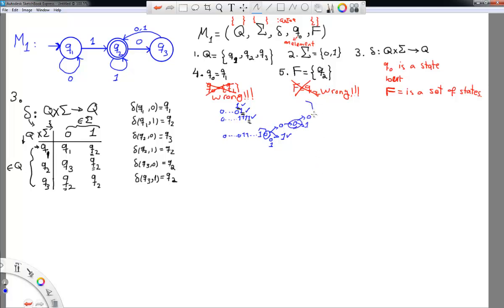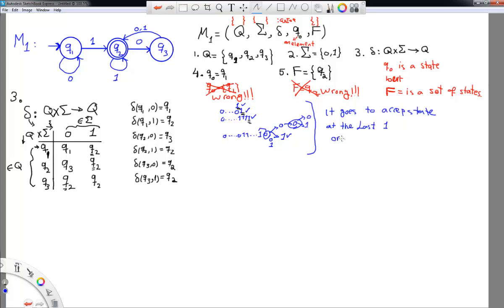So basically, if you want to think about this machine, it goes to the accept state at the last 1. So if your string ends with a 1, you're in the accept state.